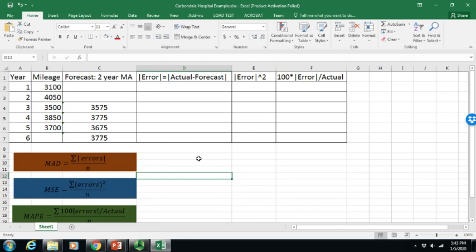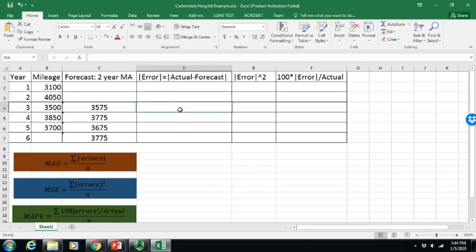So to do it, we first need to find out, okay, the first measure is mean absolute deviation. We need to first find the errors for each line. For the first year, we cannot find it because we don't have a forecast, so we cannot calculate the error. For the second, also the same.